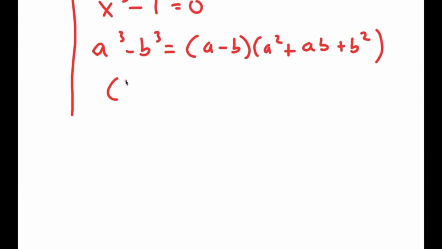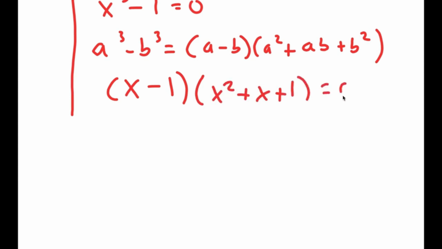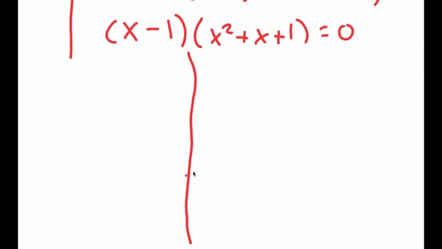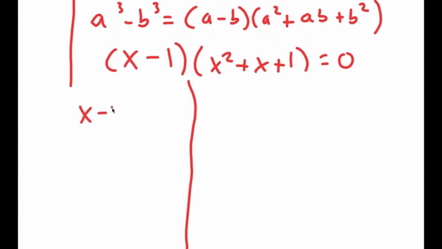Sorry, this turned into x minus 1 times x squared plus x plus 1 is equal to 0, which gives me yet another two equations.